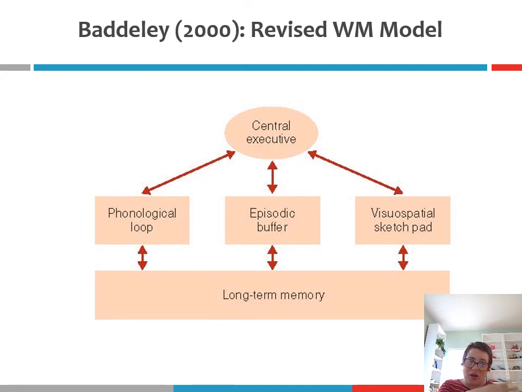One is something called the episodic buffer, and the last is just a space for long-term memory, right? Or mention of long-term memory. So a mechanism that allows for the interchanging or interfacing between all four components of working memory and long-term memory.